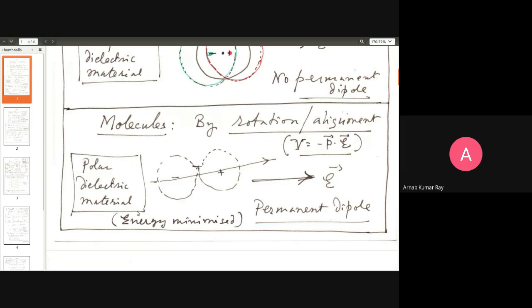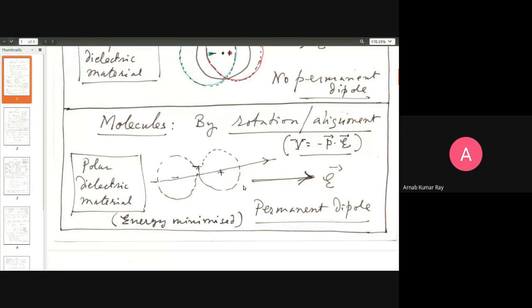Now the question is, I've also added another comment over here, energy is minimized. Now why is the energy minimized? It's because of a very simple principle. You look at this formula I've written over here, potential is minus P dot E, where P is the dipole moment. I'll come to that dipole moment business very soon. E is the external electric field.